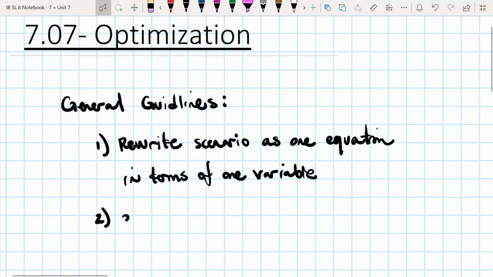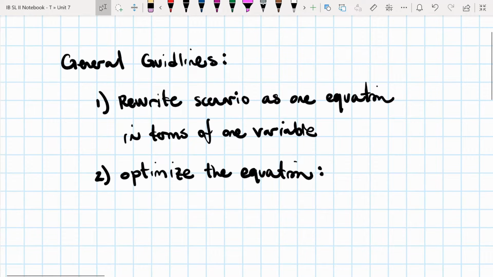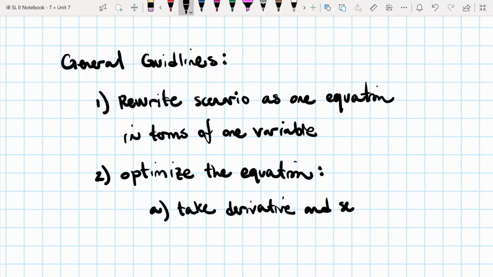And then once we do that, we're going to optimize the equation. In other words, we're going to find the maximum and the minimum. To do that, we take the derivative and set the derivative equal to 0.